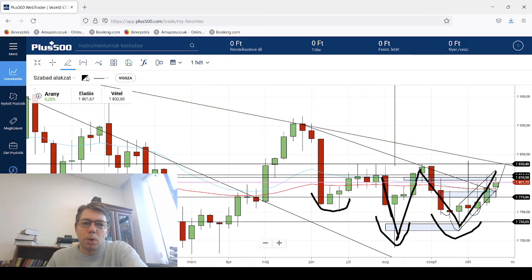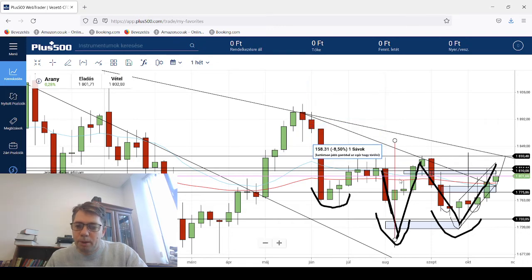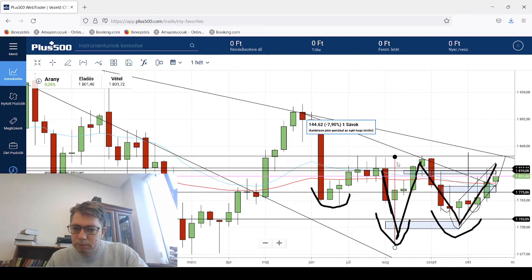And if this is so, I believe this could be measured. The measured move from the bottom all the way to the top, like this. And if we measure that move, here, let me find it.